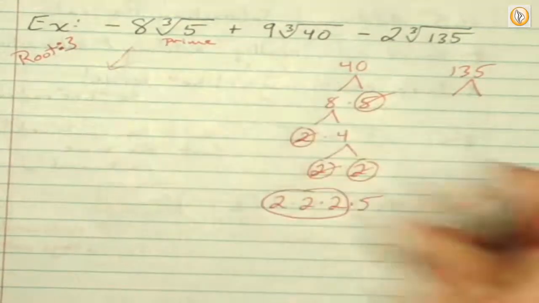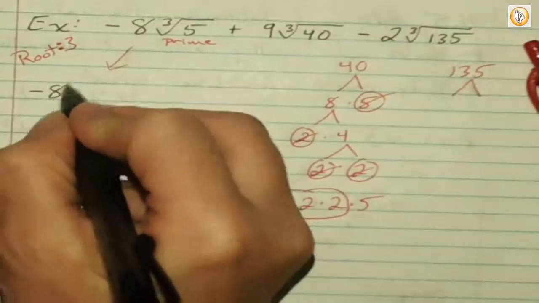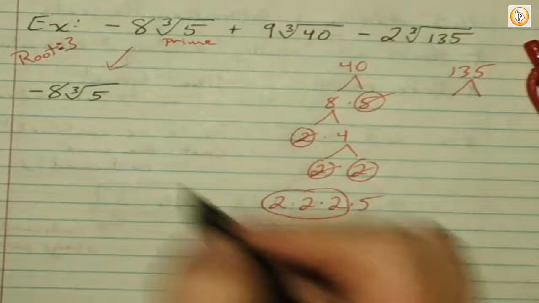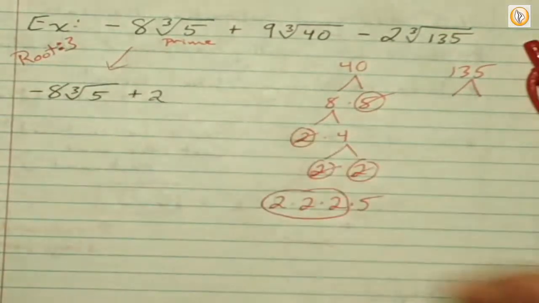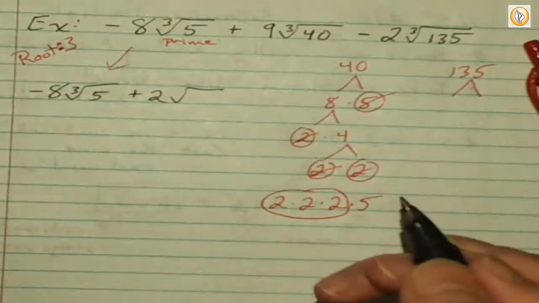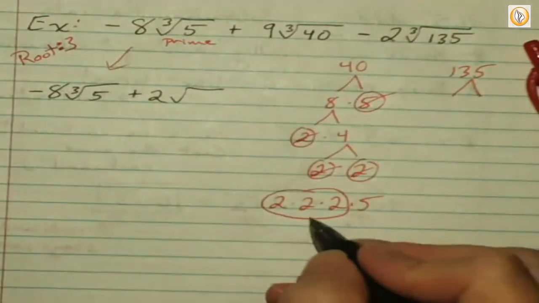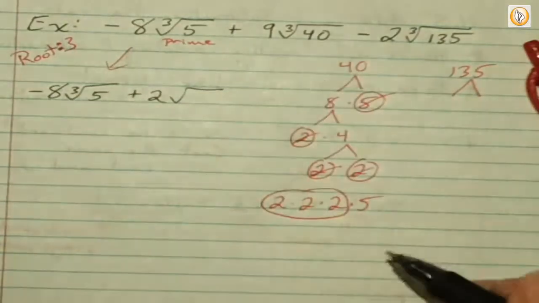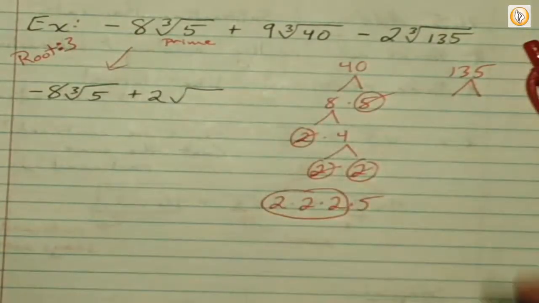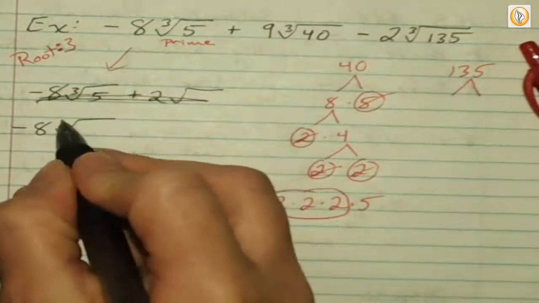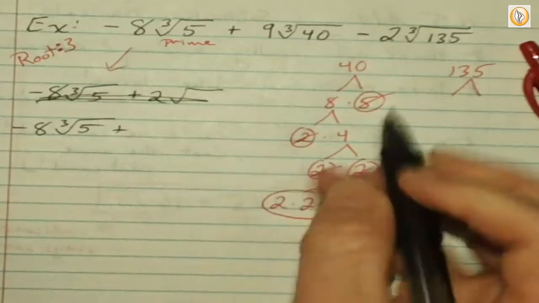So I'm going to go ahead and bring this one down. That's -8 cube root of 5. And then this is going to be 2 cube root of 5. Then the second 2 goes on the outside. And then the 9.